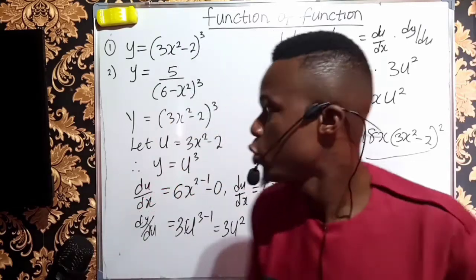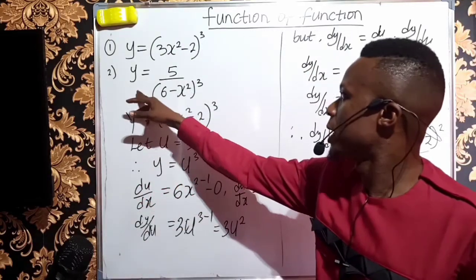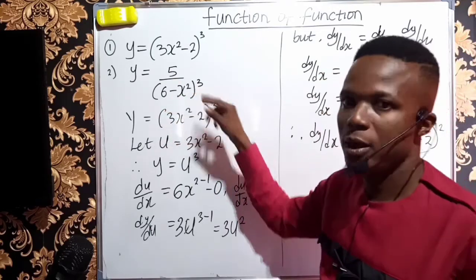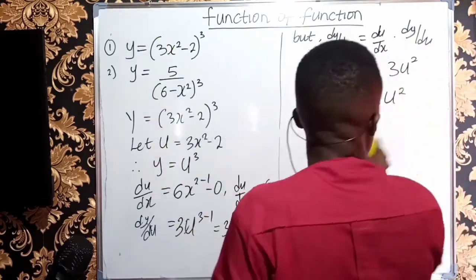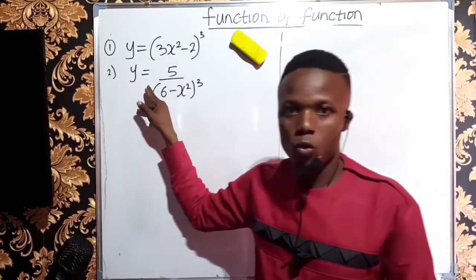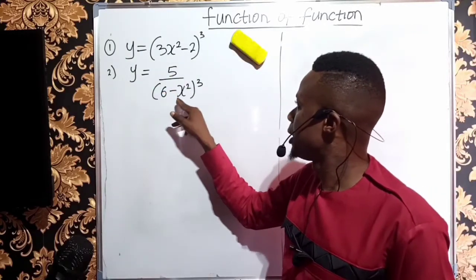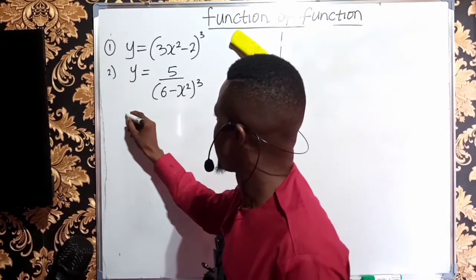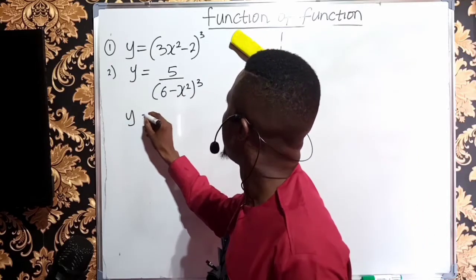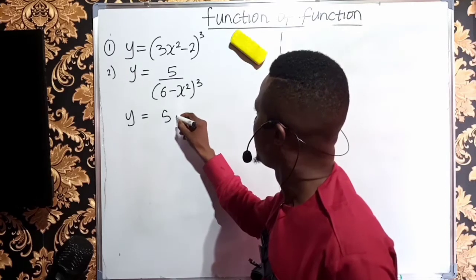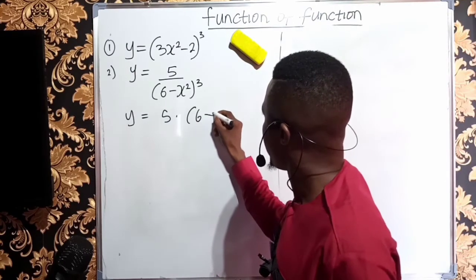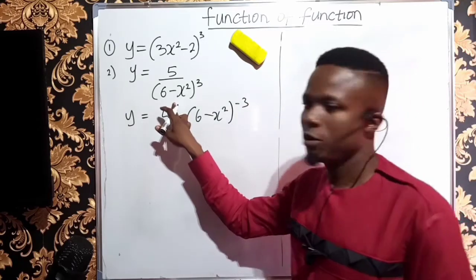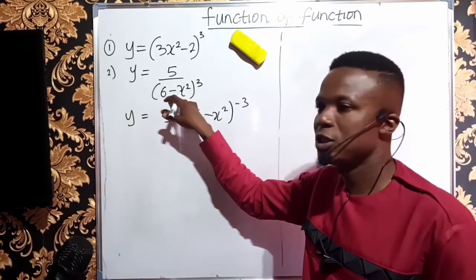So let's solve the second one, where we are told that y is 5 over (6 minus x squared) to the power of 3. You know that this can be written as y equals 5 multiplying (6 minus x squared) to the power of negative 3, because from the laws of indices, this is staying as denominator.